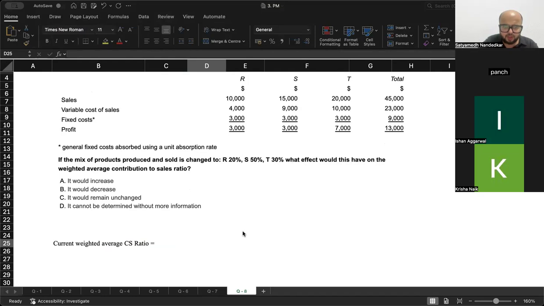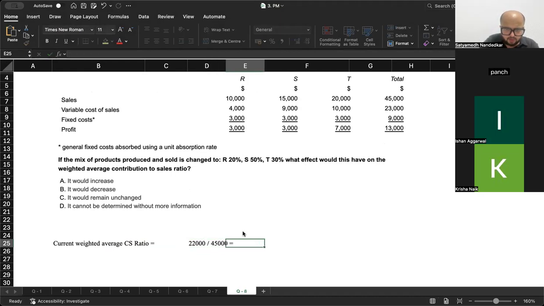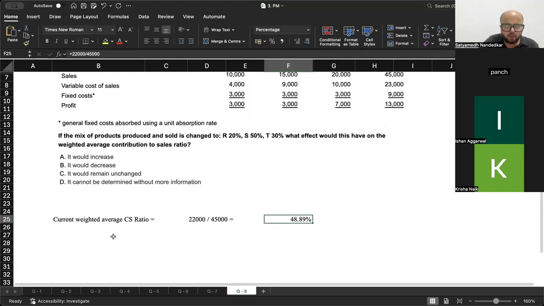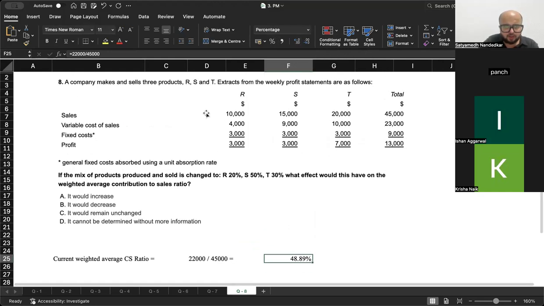So 22,000 upon 45,000, correct? 22,000 upon 45,000, how much will it be? 48.89.